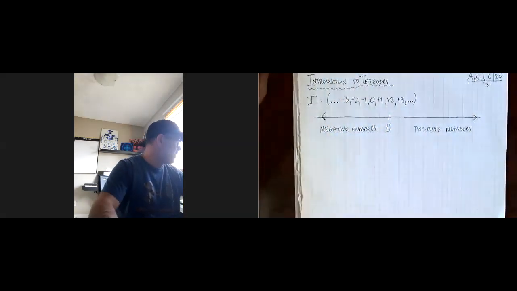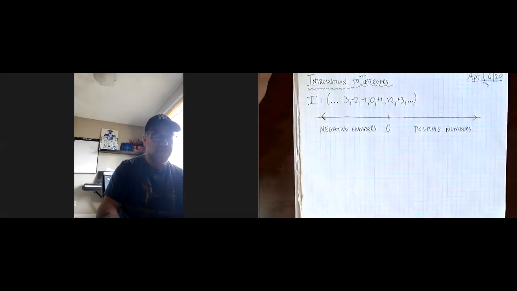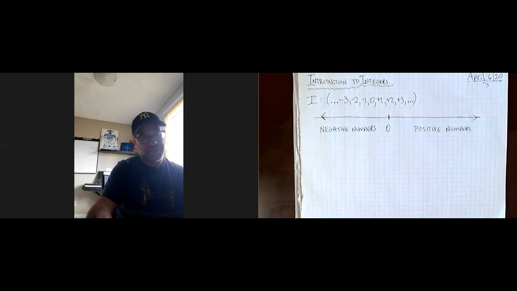Both are needed when we end up doing work with integers, because without the positive and the negative numbers, we're just dealing with natural or whole numbers.